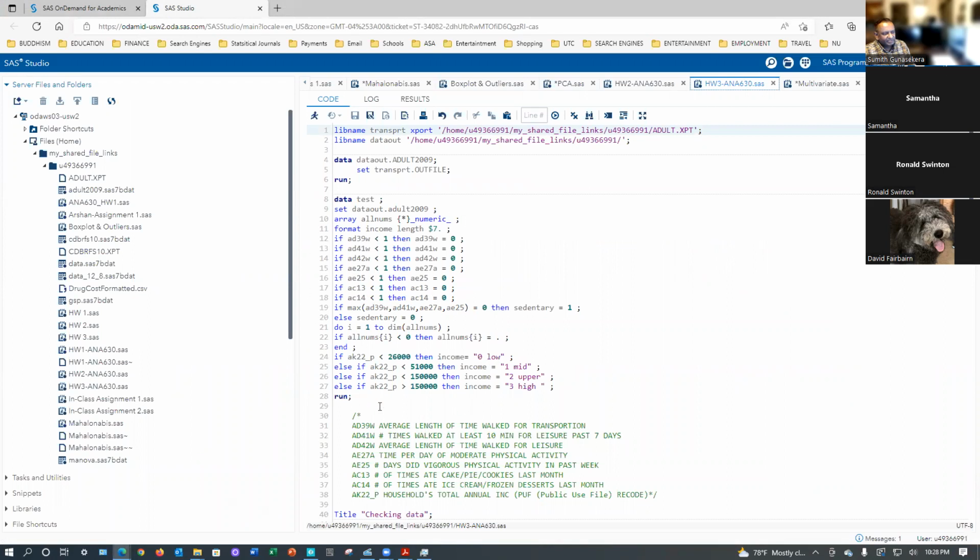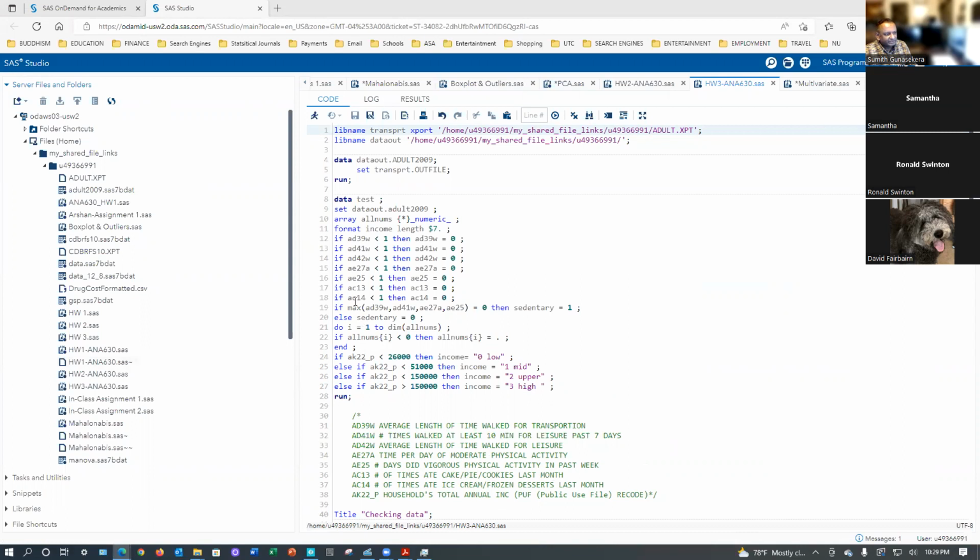These variables are related to how active they are, the physical activity they've done: average length of time walked for transportation, time walked at least 10 minutes for leisure in the past 7 days, average length of time walked for leisure, time per day of moderate physical activity, number of days of vigorous physical activity in the past week, number of times ate cake, pie, cookies last month, number of times ate ice cream, frozen desserts last month, household total annual income, and so on.